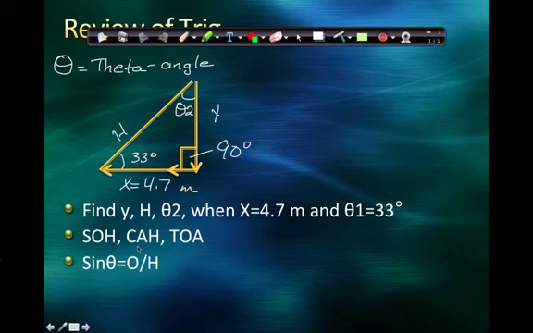So, SOH is referring to sine of theta is equal to the opposite divided by the hypotenuse side. Sine is a trig function, and it is its own special function. So I'm not multiplying sine by this number theta.